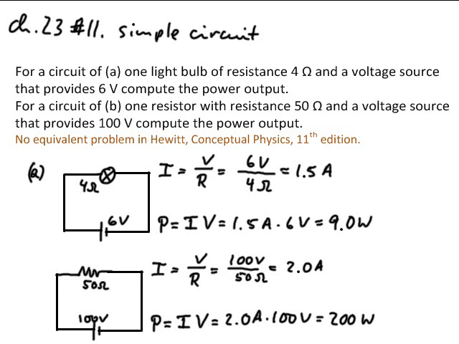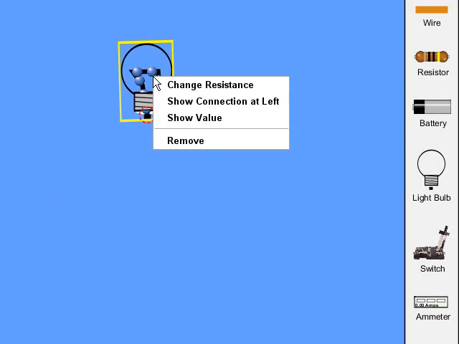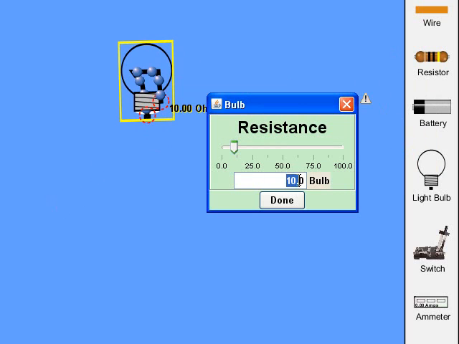But before I go there, I figured I'm going to actually show you a simulation applet. So here we go. This one here is from PhET, P-H-E-T, Physics Education Technology. And I'm going to grab a light bulb, and if I remember correctly, that light bulb has a resistance of 4 ohms.